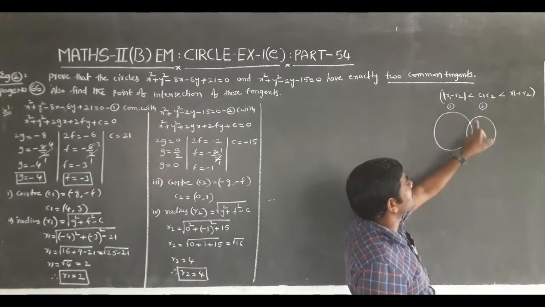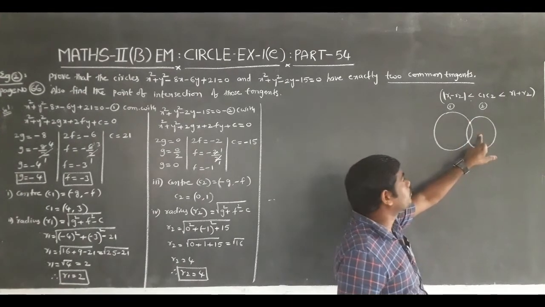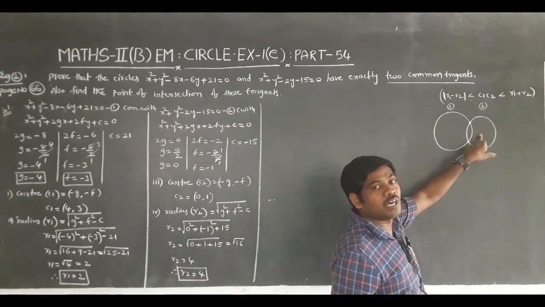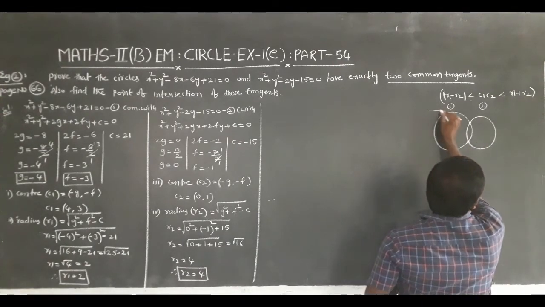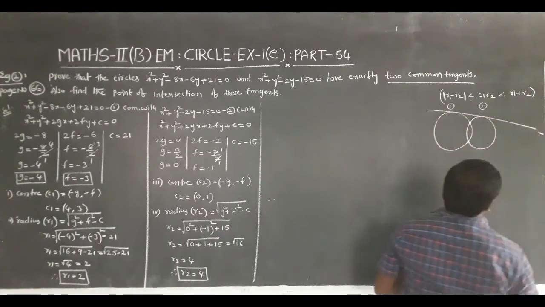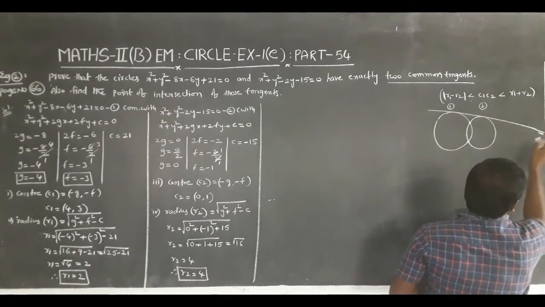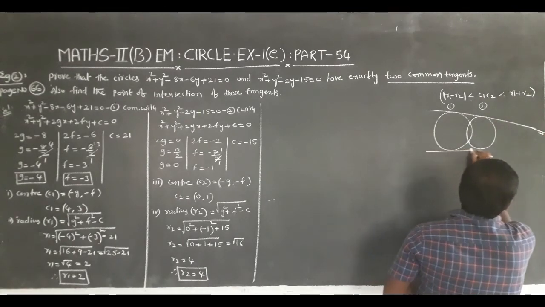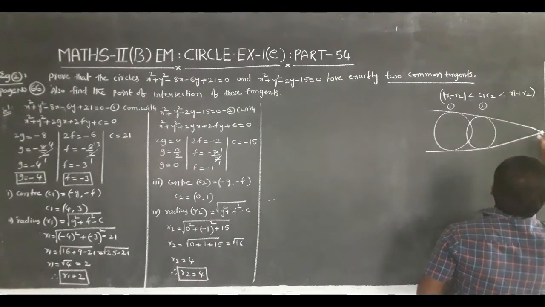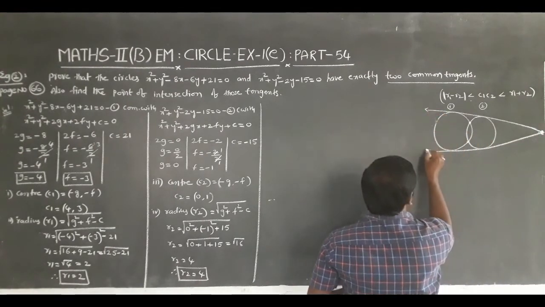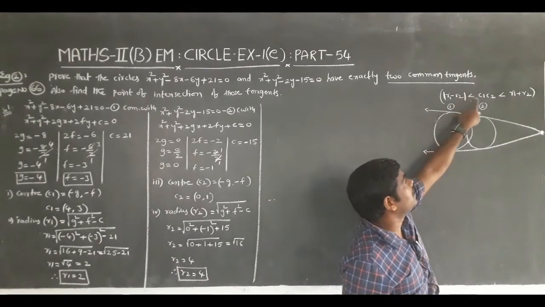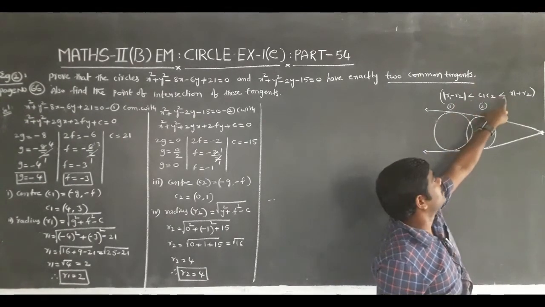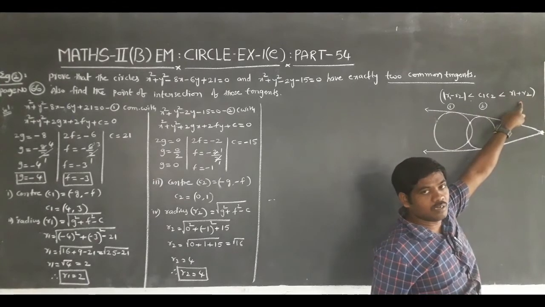If two circles intersect in two distinct points, the number of common tangents is 2. This is the first common tangent. This is the second common tangent. If mod of R1 minus R2 is less than C1 C2 is less than R1 plus R2.